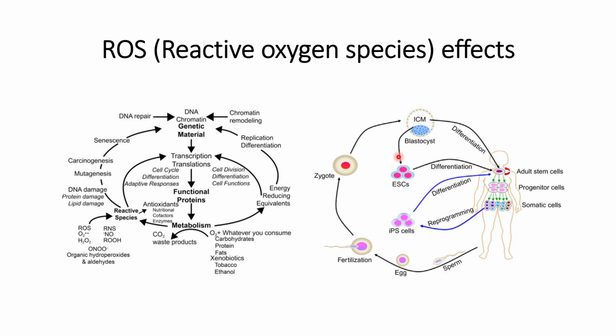This is called differentiation, and the ICM can also be directly differentiated to form the final committed cells or adult stem cells. Embryonic stem cells first form adult stem cells, then they convert into progenitor cells, then into somatic cells, and after that they form the committed cells.